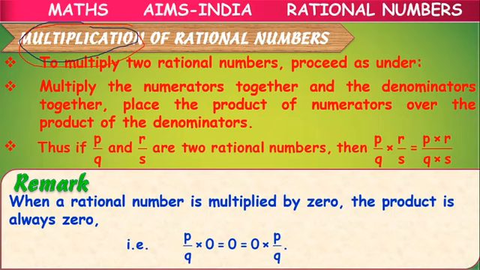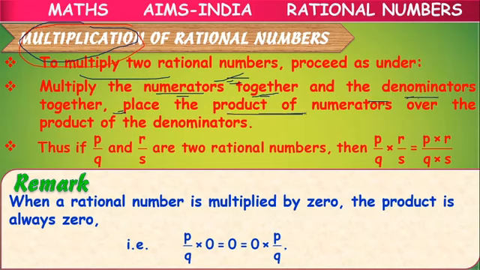So in multiplication, to multiply rational numbers, we have to follow some steps. Multiply the numerators together and the denominators together.